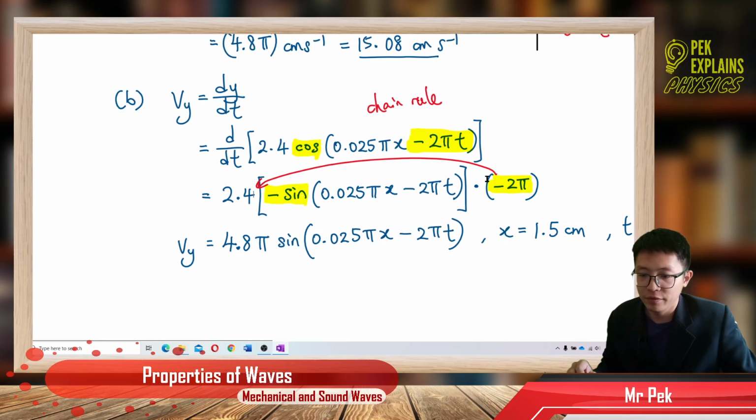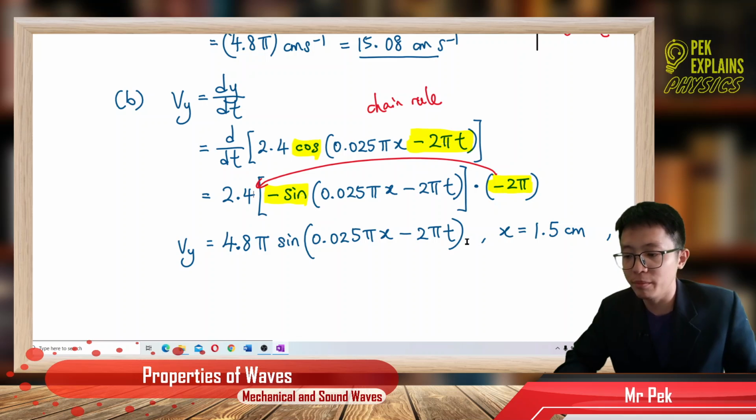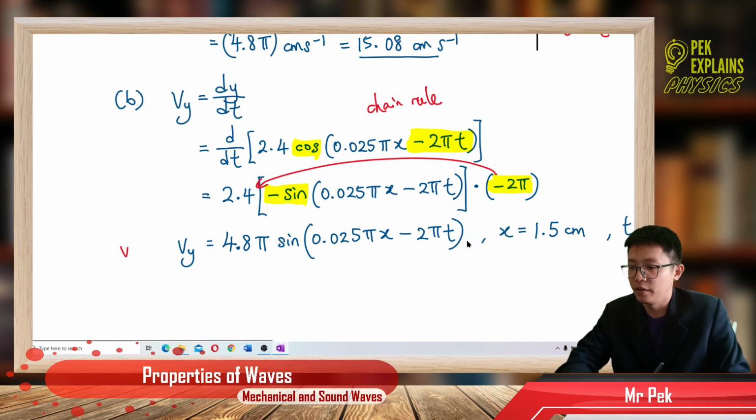Negative times negative, you get positive. And 2 pi times 2.4 gives 4.8 pi. And then the rest, sine of kx minus omega t. So you get the velocity formula. This is the velocity versus time formula.